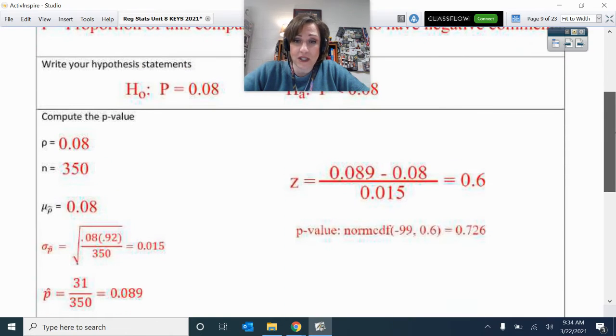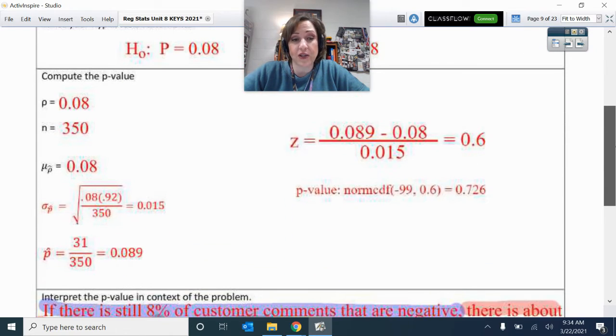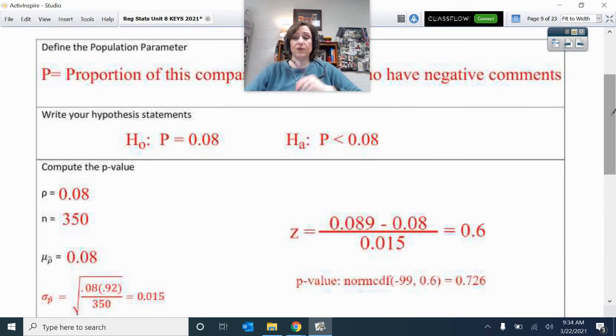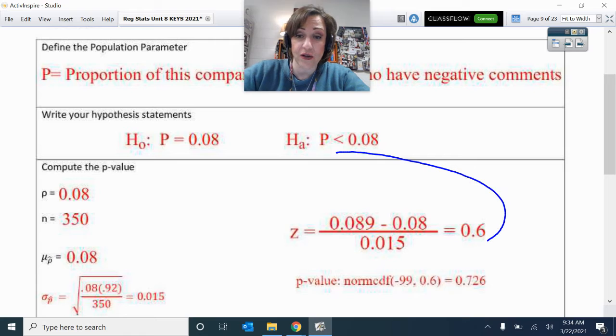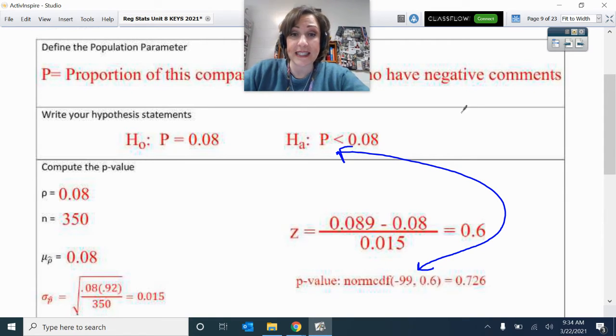So what happens is when you get your p-value, okay, this is interesting. This is the indicator. Right here, the fact that the alternative hypothesis is less than, that's why I got the p-value, the probability of below 0.6.